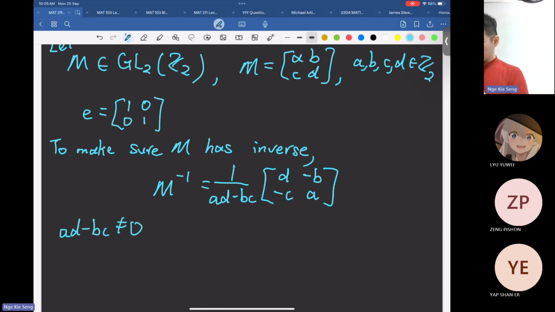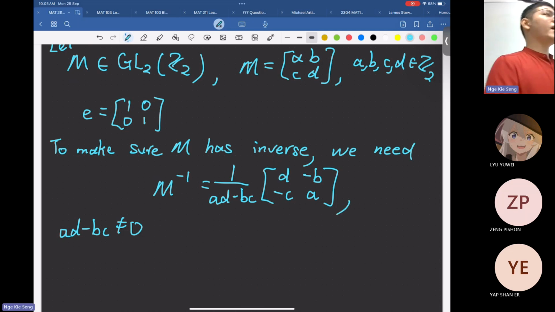So in our case here, A, D, B, C can only be 0 or 1. If you add or multiply numbers in 0 and 1, what sort of number can you get? Either 0 or 1.